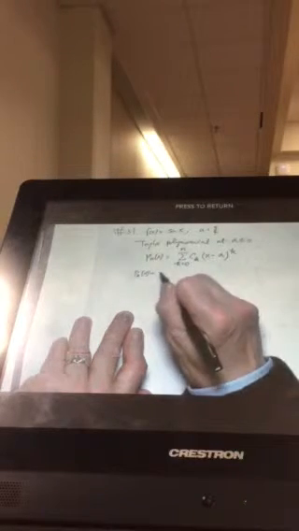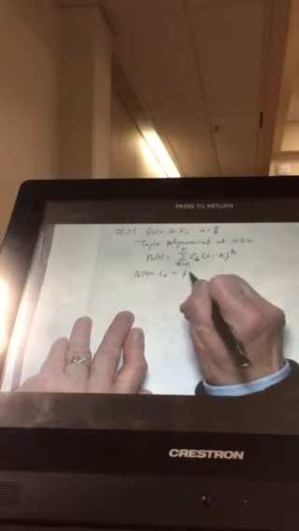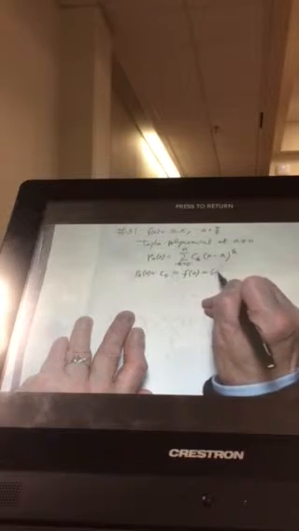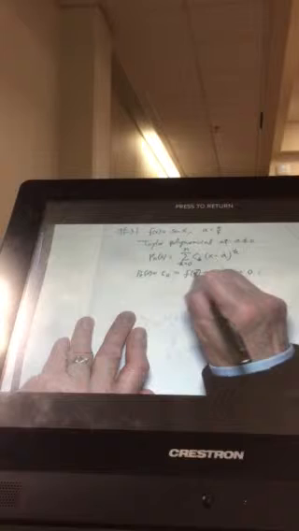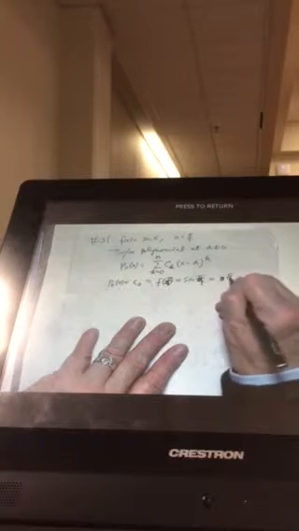It's still c0, right? And c0 we know is f of 0, which is sine 0, which is 0. Oh, I'm sorry, f of pi over 4. Sine pi over 4 is square root of 2 over 2.